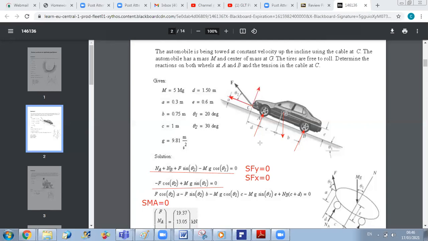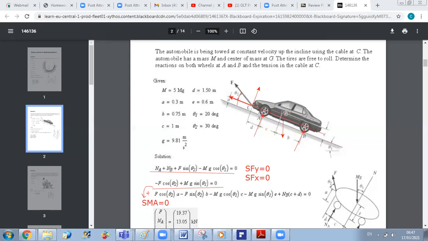Now, I will select a positive direction. Let us say the counterclockwise is positive. This is my positive direction. So for the Fx component, what is the Fx component? It's F cosine theta 2. For the X component, I should multiply by which length to get the moment about A? Remember always the technique: I extend the line of the force and I do the perpendicular.